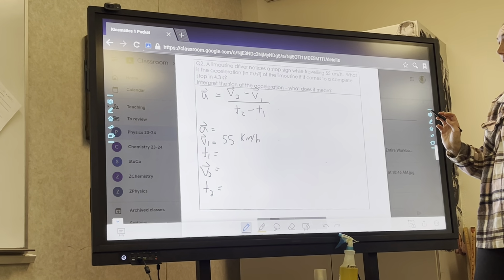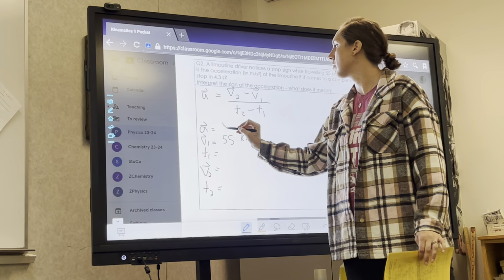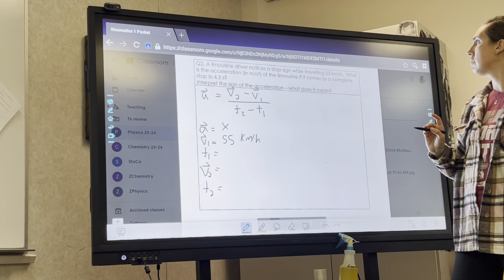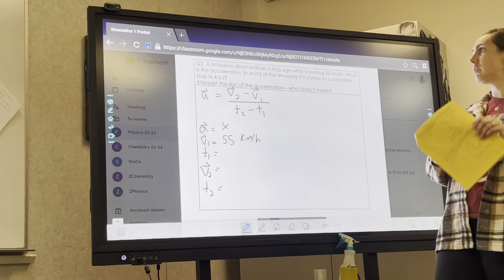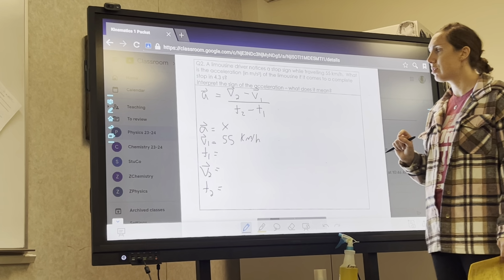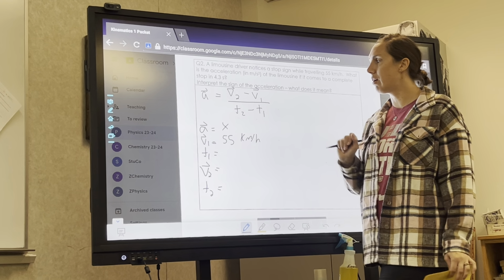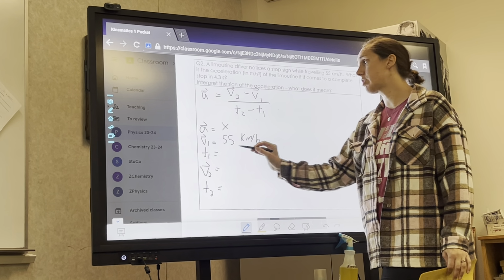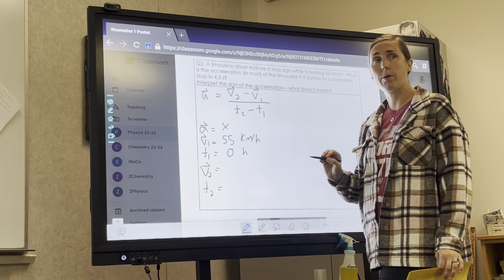What is the acceleration of the limousine if it comes to a complete stop in 4.3 seconds? So guys, first off, it didn't tell us an initial time, so we're just gonna fill it in as 0 hours, okay?